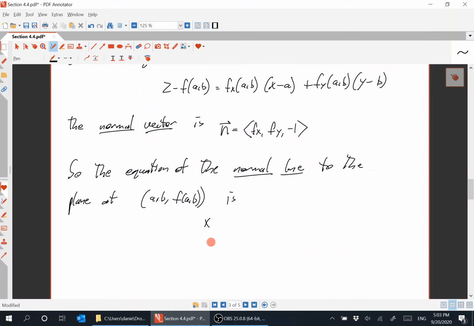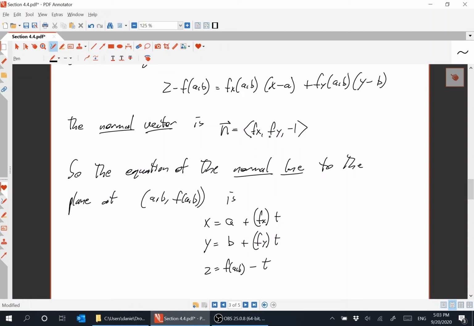For x, y, z, you need a point on the line, which is (a, b, f(a, b)), plus the slope times t. So fx times t, plus fy times t, plus, or just minus t. This is the slope vector for the line. That's the line perpendicular to the surface.